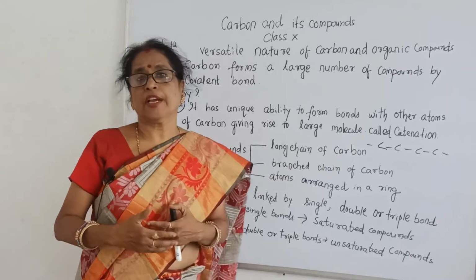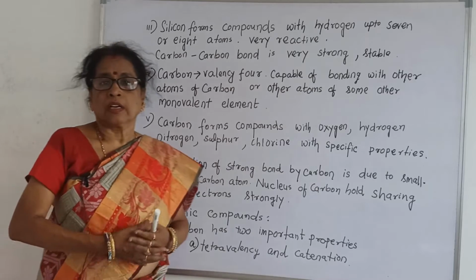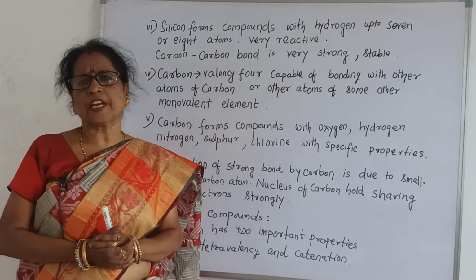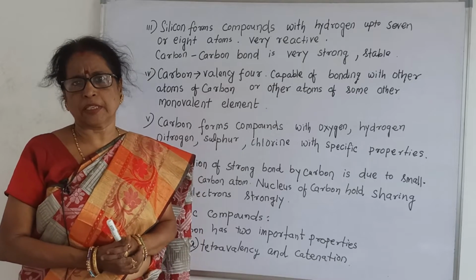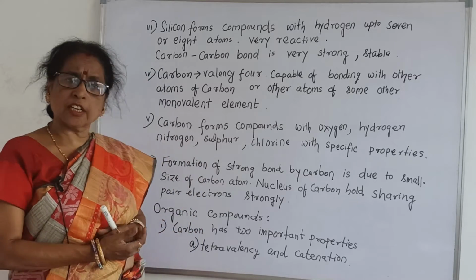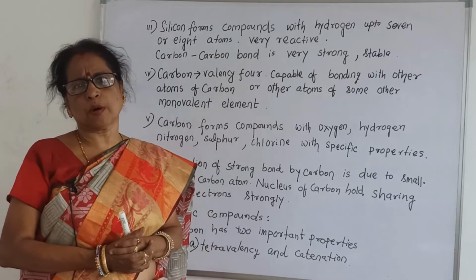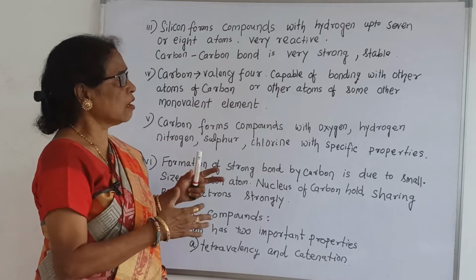What is the meaning of organic compounds? Carbon forms many types of compounds with hydrogen, and also with other elements. Similarly, silicon also forms many compounds with hydrogen, but not so long ones.